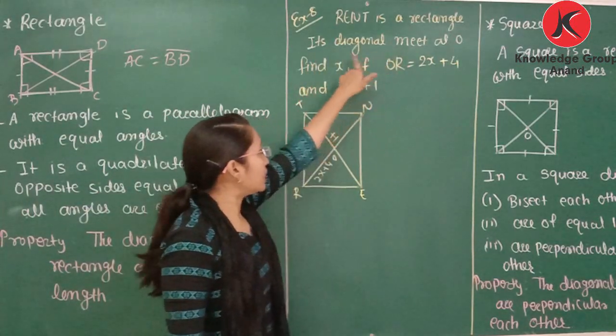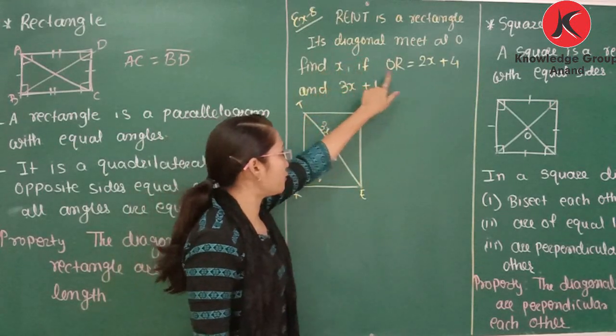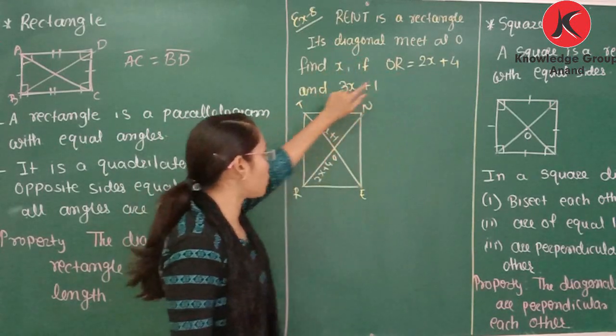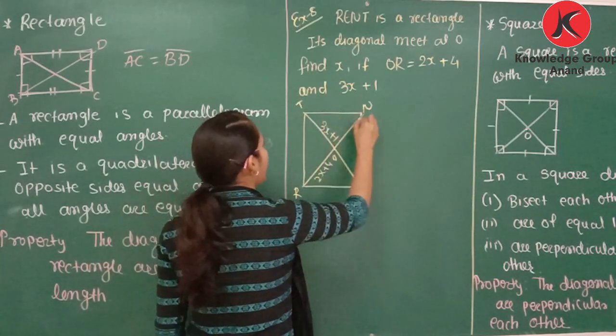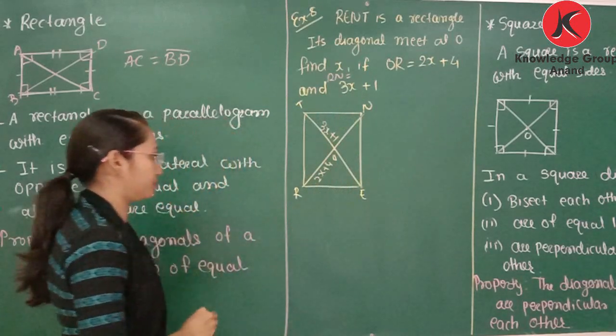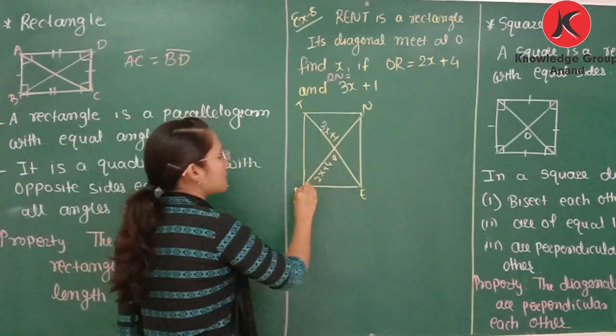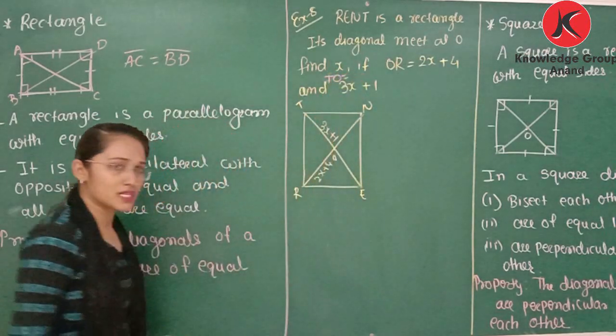RENT is a rectangle. Its diagonals meet at point O. Find x if OR is equal to 2x plus 4 and TO is equal to 3x plus 1.